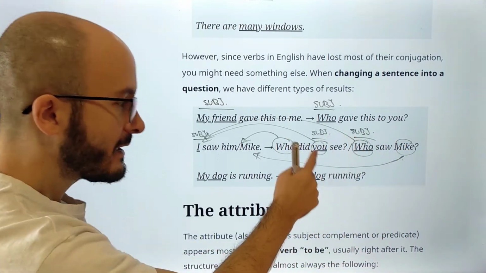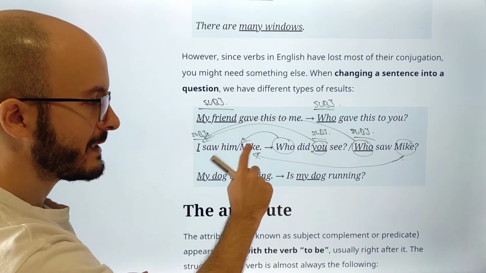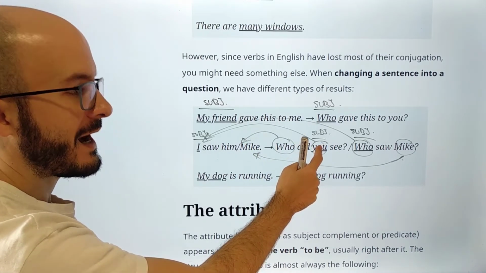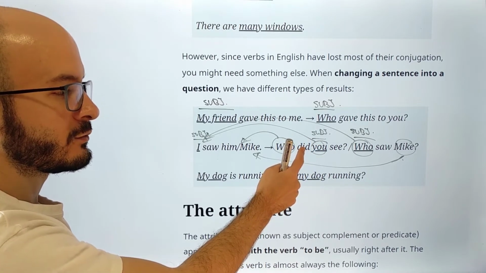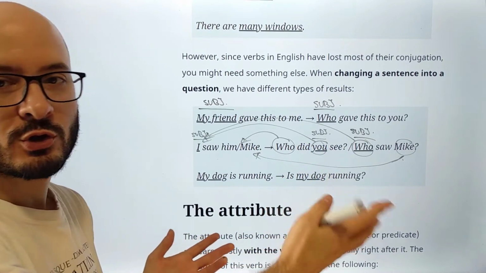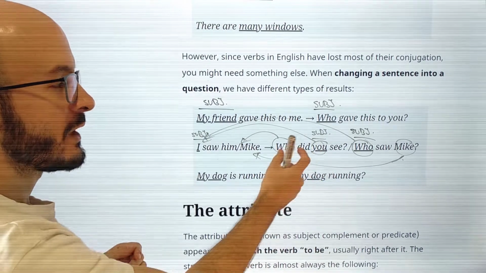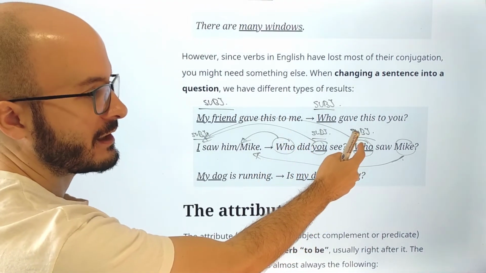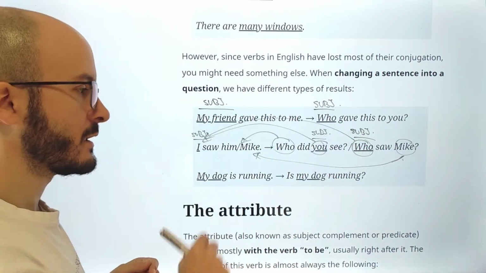But here, because we are not asking about the subject, we are asking about who, Mike, the subject is you. And because we are not asking about the subject, we need this did. We don't say who you saw. So who did you see? When we are not asking about the subject, we need the auxiliary. When we are asking about the subject, we don't need an auxiliary, and the subject is first in the question.